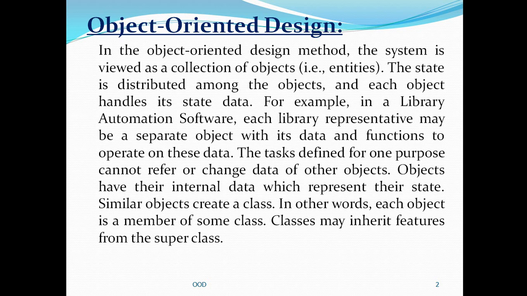If there is an error in an object, it does not affect the other objects or the entire system. We can build a real system by using object oriented design.